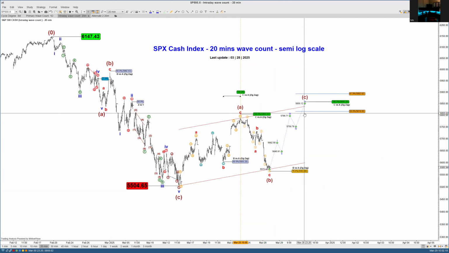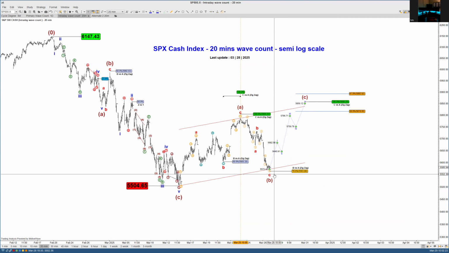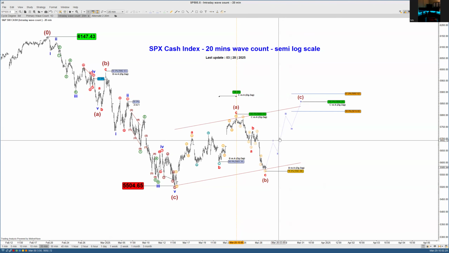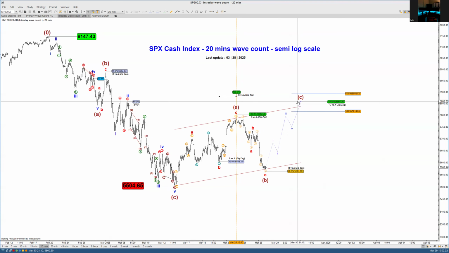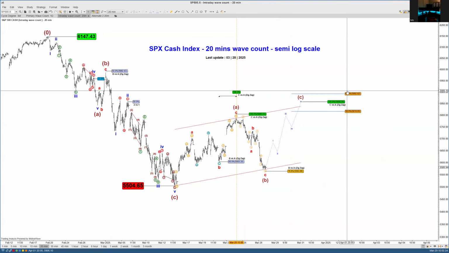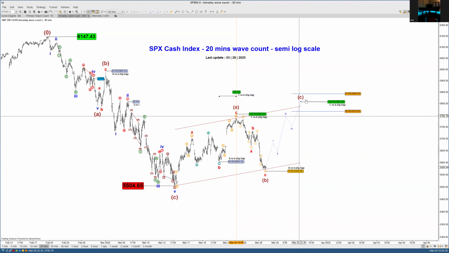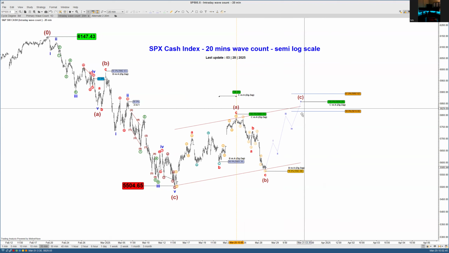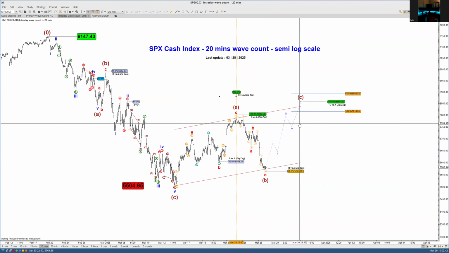The only way for this to move up in a 3-3-3-3 move is if it turns into a leading diagonal. That is possible.